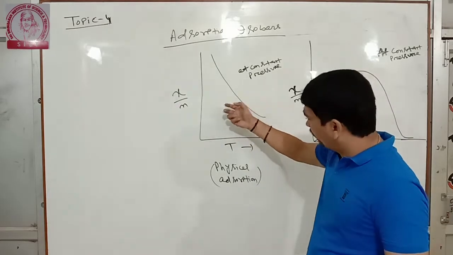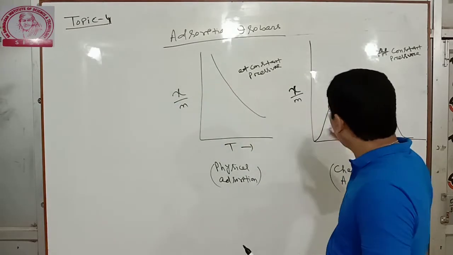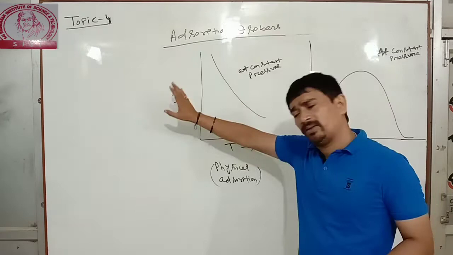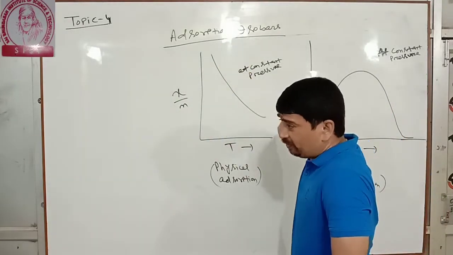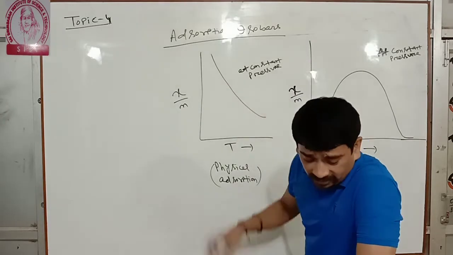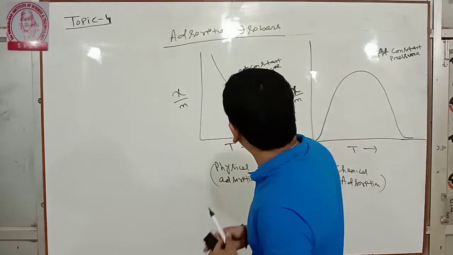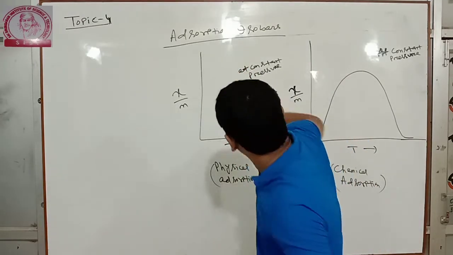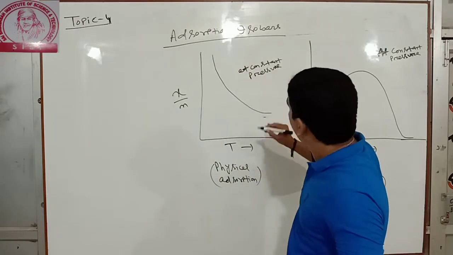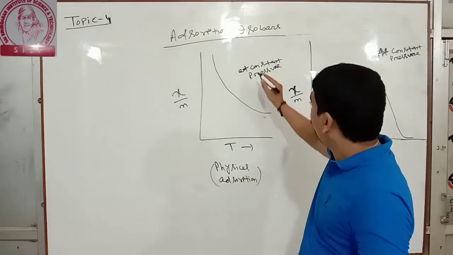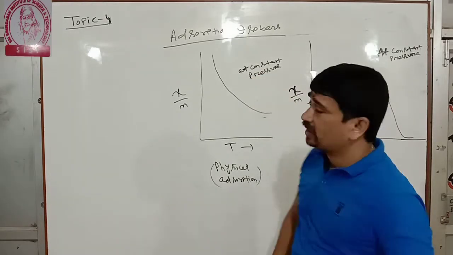From this graph you will get 1 mark or half mark, because drawing this graph you can get it. So this is for physical adsorption, this is for chemical adsorption.